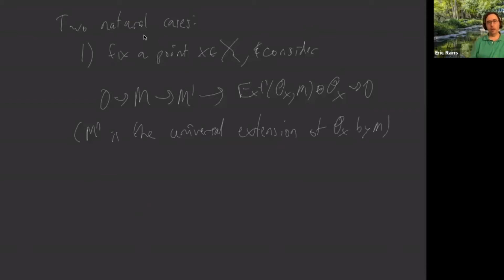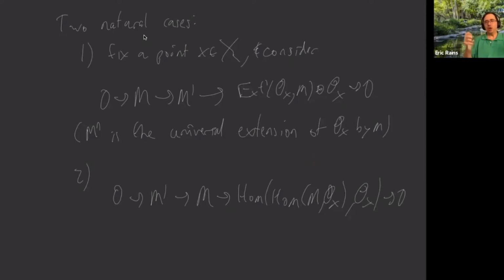Okay. And then the other case is basically the inverse. Where now instead of taking the universal extension, we take the universal map from M to this point sheaf, and then take the kernel of that.